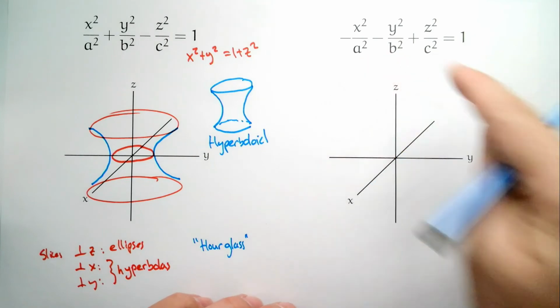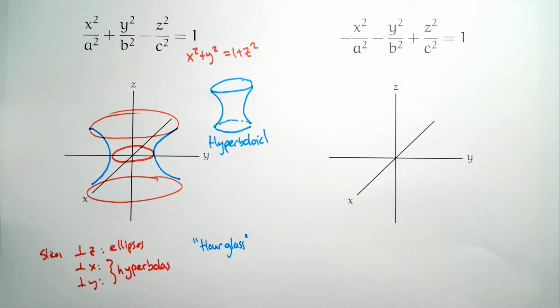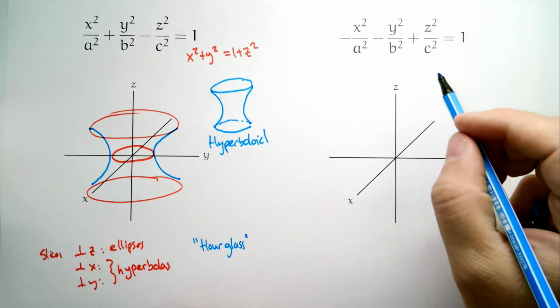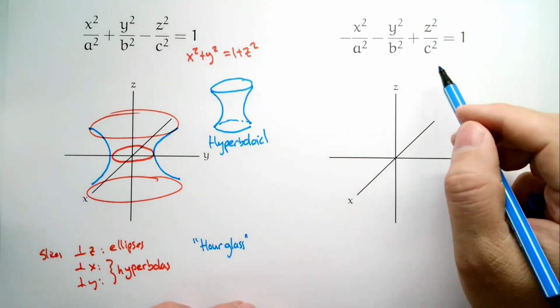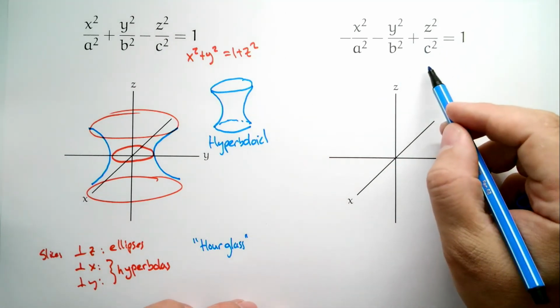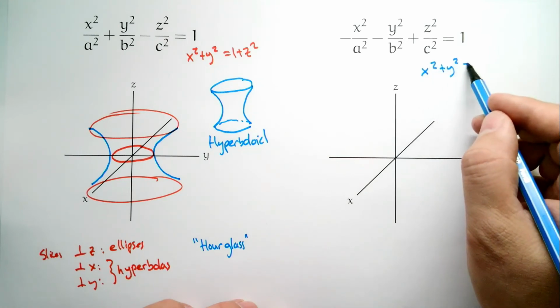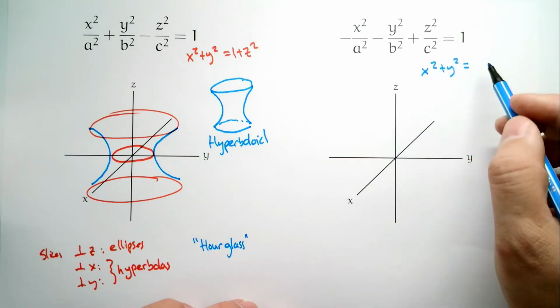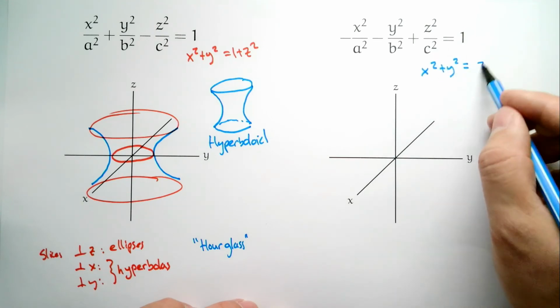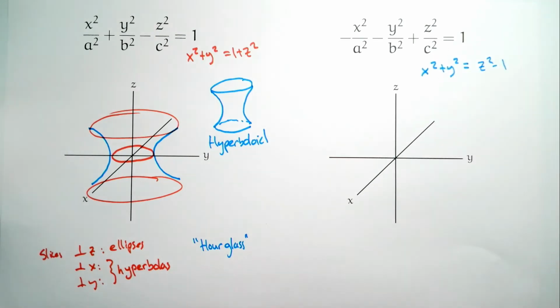Again, a, b, and c, you can think of these as dilations. So for now, building up your intuition, set them equal to 1. And we can rearrange this in the following way. x squared plus y squared would be equal to z squared minus 1. That's what it would rearrange to.